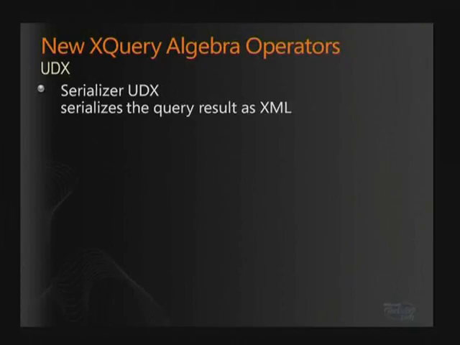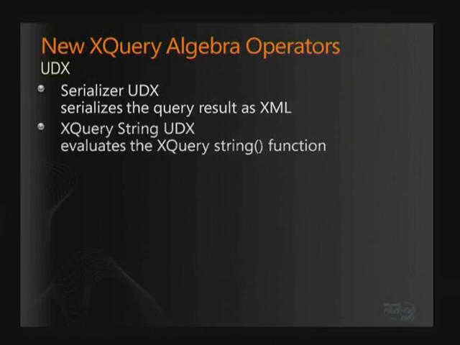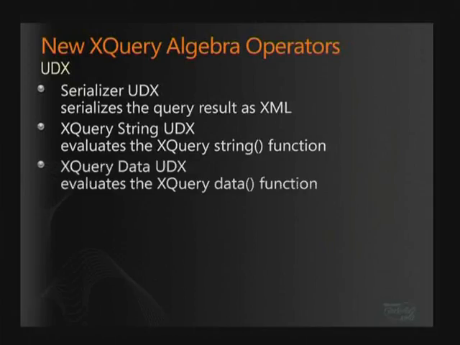Other algebra operators that we added are so-called UDXs, or user-defined functions. One is a serializer that takes the query result and returns it as XML. Another one is the string UDX. It basically evaluates the XQuery string function, which is aggregating all the text nodes underneath an element into a single text string. The data UDX evaluates the XQuery data function.